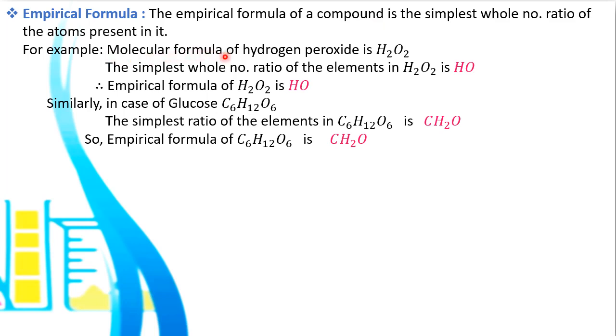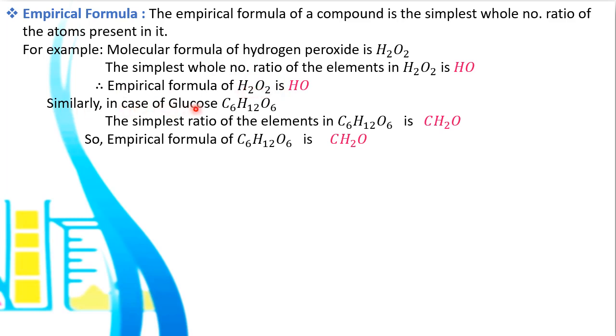Molecular formula of hydrogen peroxide is H2O2. When we find the simplest whole number ratio of the elements, hydrogen and oxygen, it will be HO, H1 and O1. So empirical formula is HO for H2O2.